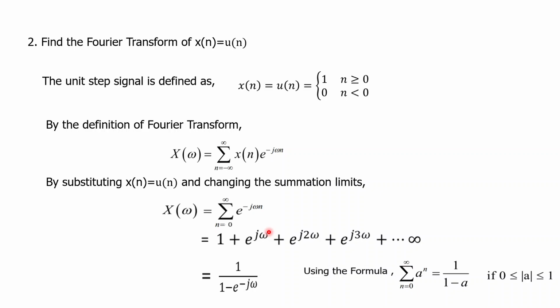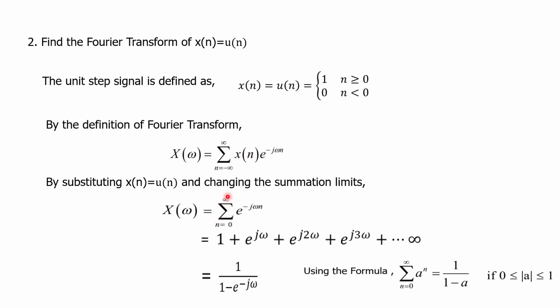Likewise we will find out DTFT for step function and so on. So what is u of n step function? It will be 1 for n greater than or equal to 0, positive values of n. For negative values of n it is 0, since it is a causal signal. So this is the formula. What we need to put, the limits will change from n equal to 0 to infinity.